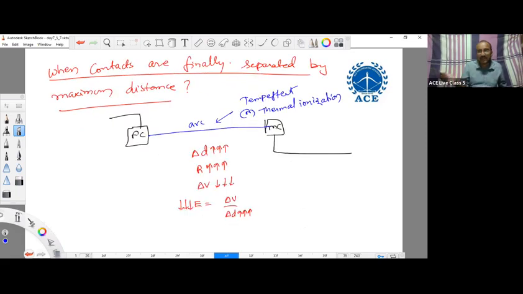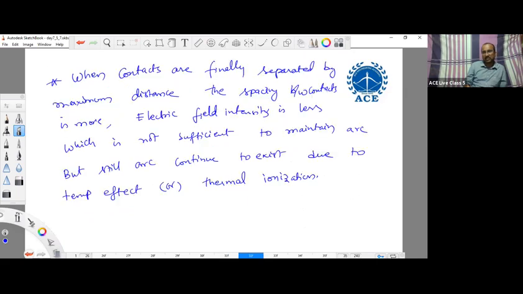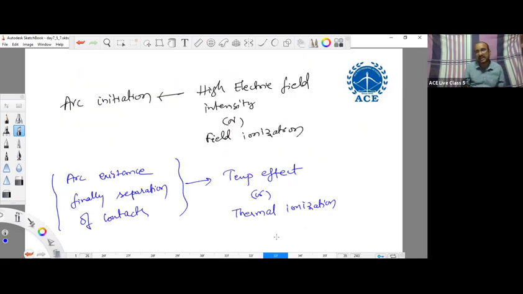When the contacts are finally separated, the electric field intensity is very low, not sufficient to maintain the arc, but still the arc continues to exist due to temperature effect or thermal ionization. This is how arc initiation and arc existence take place in a circuit breaker.